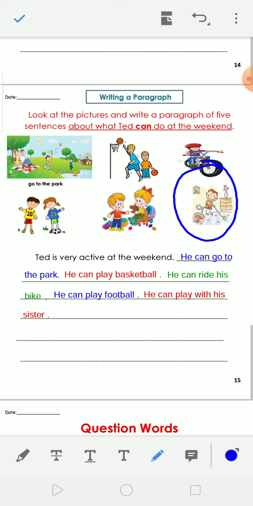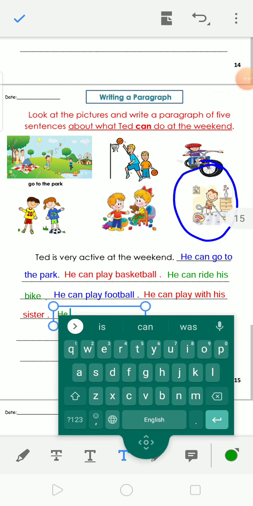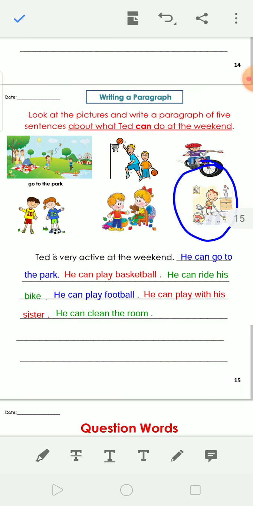Let's write it here. He can clean the room. The full stop. That's it. We finished all the sentences.